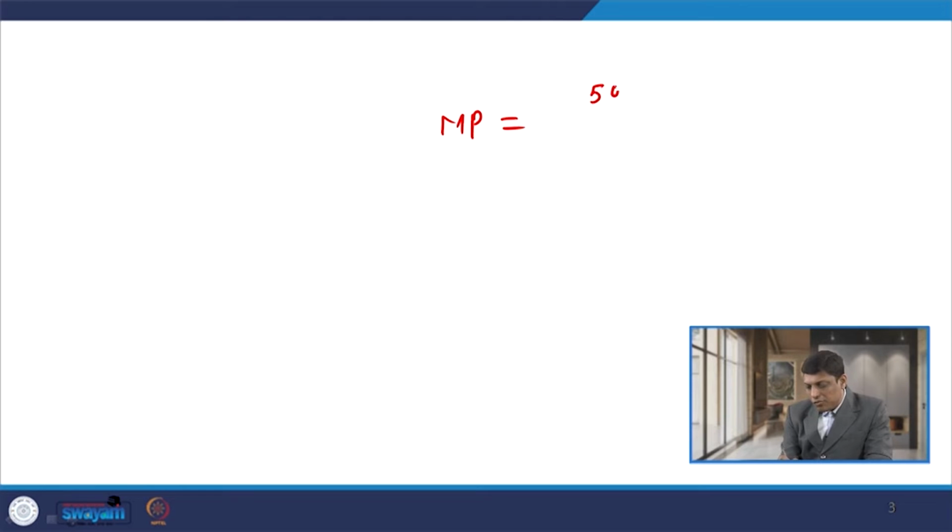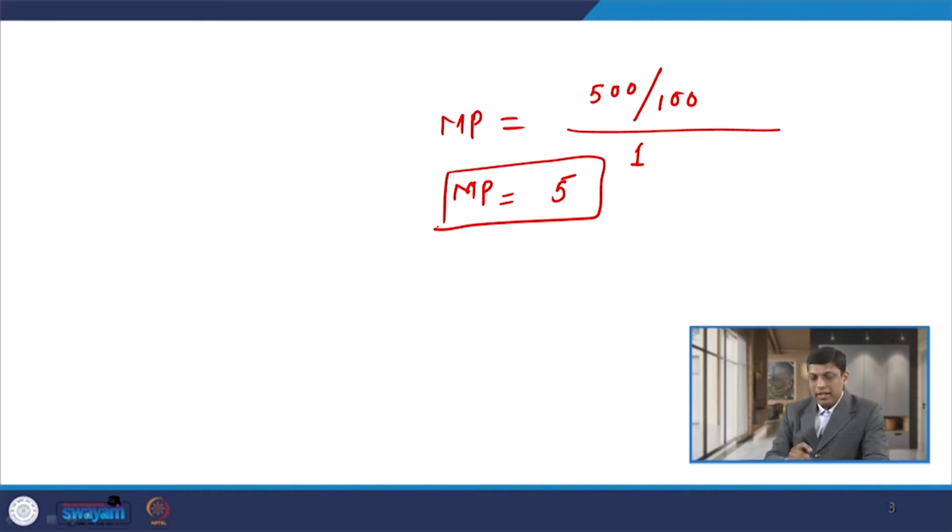The fault current is 500 ampere, referred to the secondary side with CT ratio 100 by 1, divided by the plug setting of the relay, that is 100% of the relay rated current. Let us say the relay rated current is 1 ampere, then the plug setting is 100% of 1 ampere, that is 1 ampere. So, the multiple of pickup current comes out to be 5 in this case.